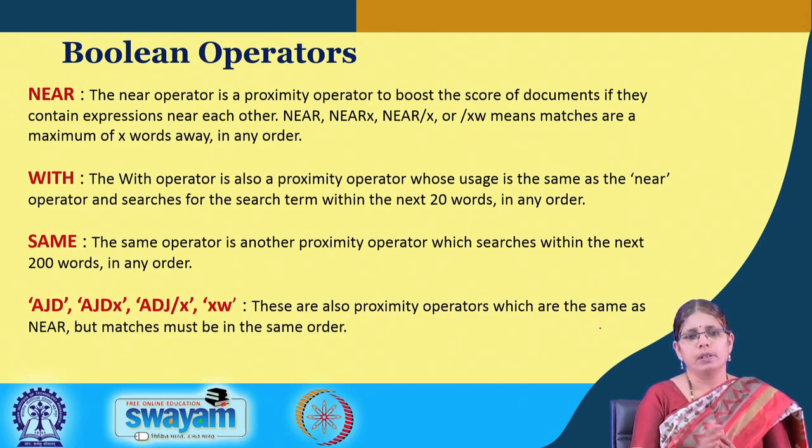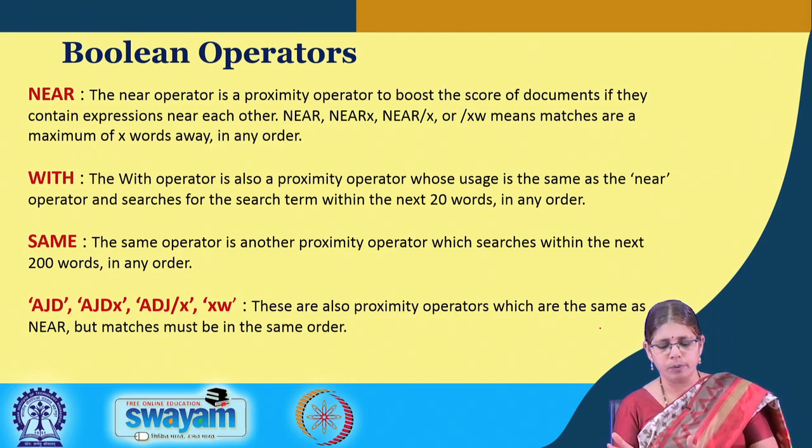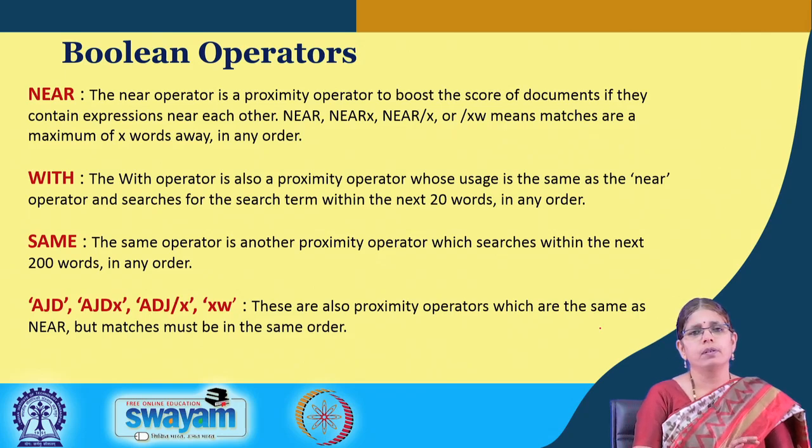Similarly, the other operators that are used are same, which is used in the same context, so you can pull out those patents. You can use ADJ as the operator for adjacent, and you can say adjacent by 4 words, adjacent by how many particular words.